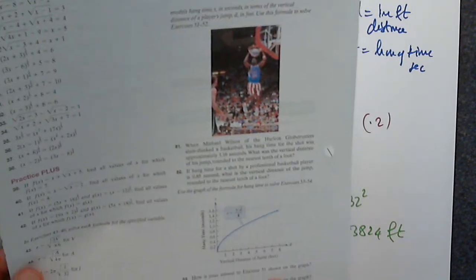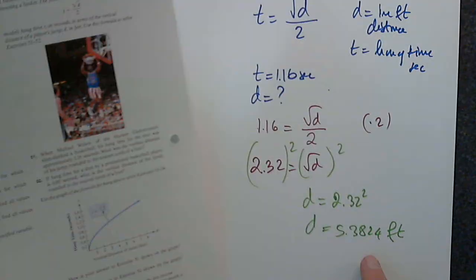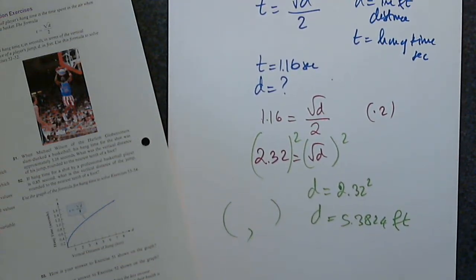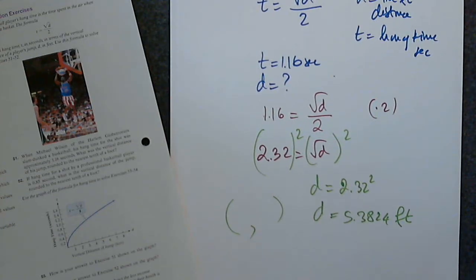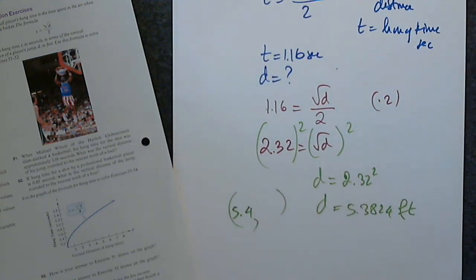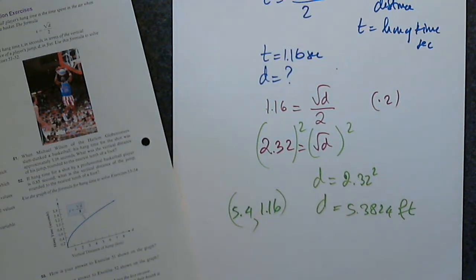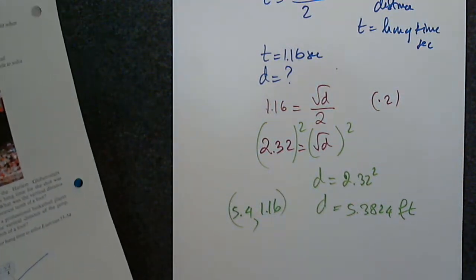how is your answer to exercise 51 shown on the graph? Can anyone give us the point that we just determined? The distance was 5 point, I'm not going to write the whole thing, I'm just going to say 5.4. And the time up in the air was 1.16. So let's see where we find the point on the graph.